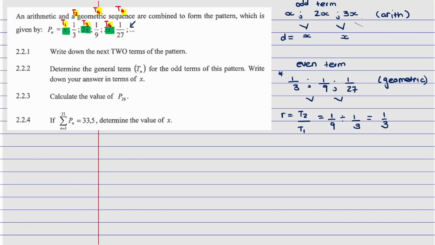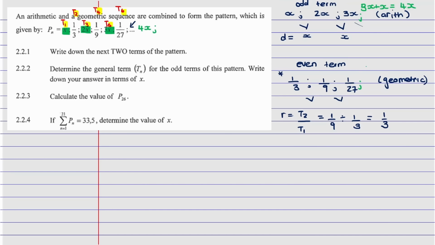The next term is going to be 3x plus the difference, which is x, which is equal to 4x. I hope that makes sense. So the next term here is going to be 4x. Then we need the next term after 4x, which is going to be here.